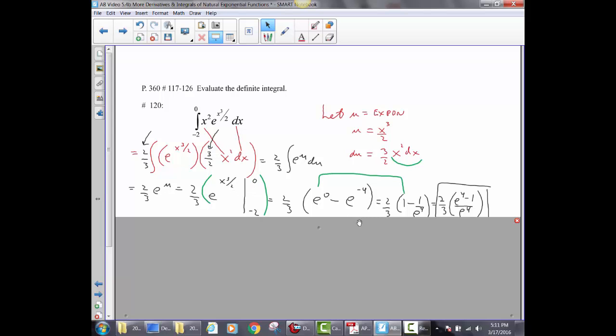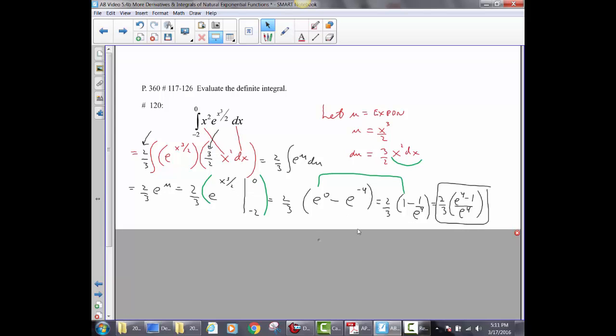Plug in the 0, you get e to the 0, which is 1. And then minus, replace the variable by -2. So -2 cubed is -8 over 2 is -4, and e to the -4 is 1 over e to the 4th power.